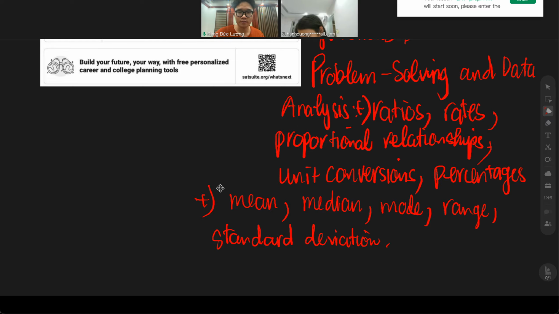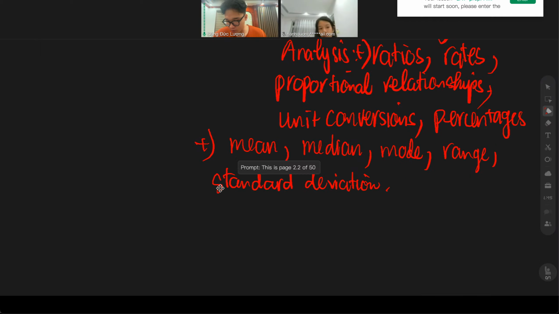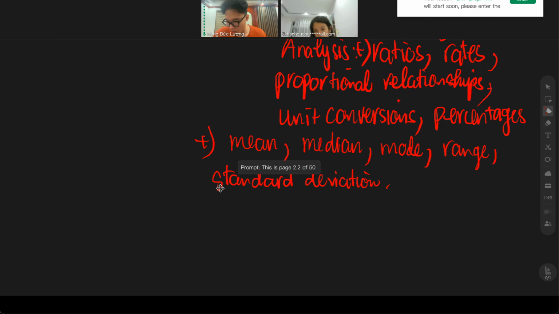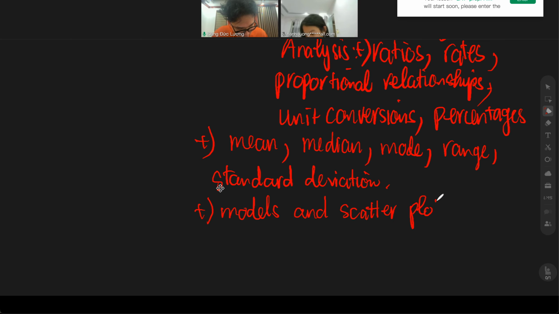And of course, you need to know a bit about models and scatter plots. Very basic concept.